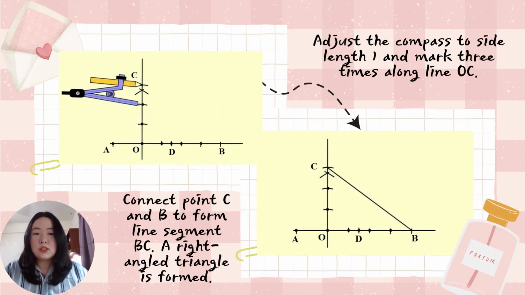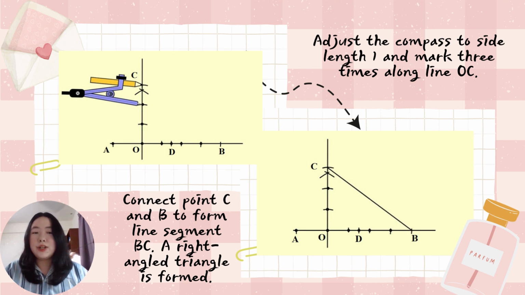After that, we adjust the compass to side length 1 again and mark 3 times continuously along the line to get point C, which in turn forms line segment OC with side length 3. Then, we connect points C and B to form line segment BC.